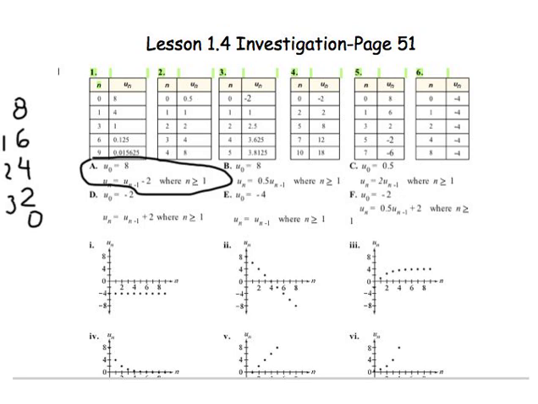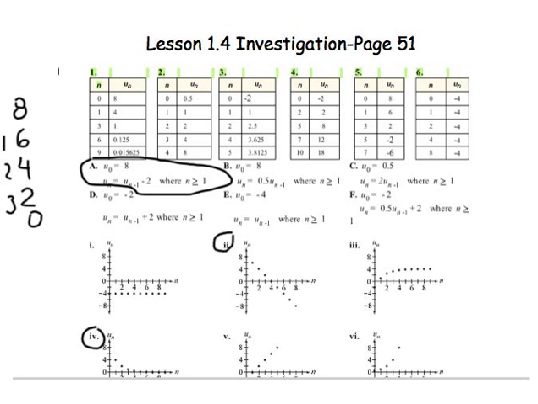So now I'm going to look for a table that matches my recursive routine, and it looks like table 5 has those same values that I just wrote on the side. So A will go with table 5. Let's figure out what graph it might be. I'm looking at the starting value for each one of these, and I notice that graph 4 has a starting value of 8.